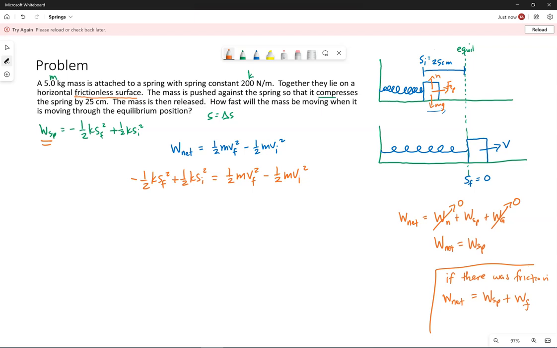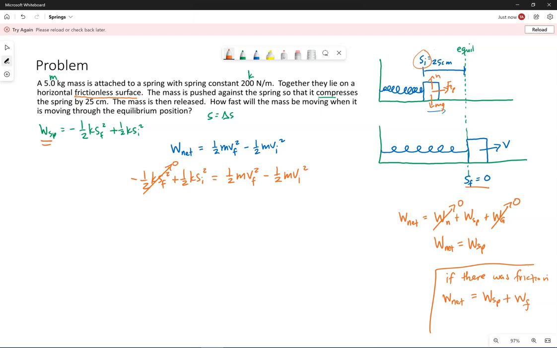Okay, so initially, we know the initial compression of the spring. We know finally, at this final moment in time, as the mass is moving through equilibrium, the spring at that exact moment is not stretched or compressed. And so that S final term will be gone.